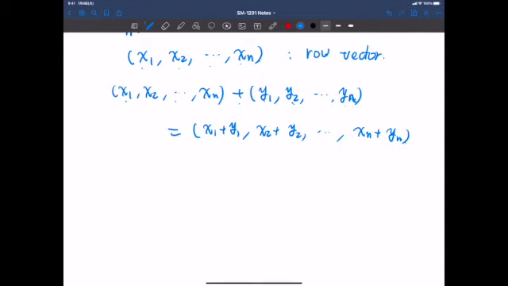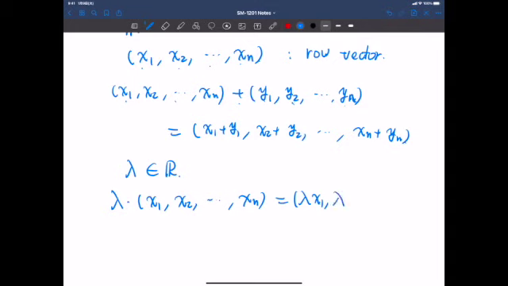Okay, so this is the addition between two vectors, and we can also define multiplication by a real number. Let's say this lambda is a real number. Then we define the multiplication between a real number and a vector as this: lambda x1, lambda x2, and so on, and lambda xn.